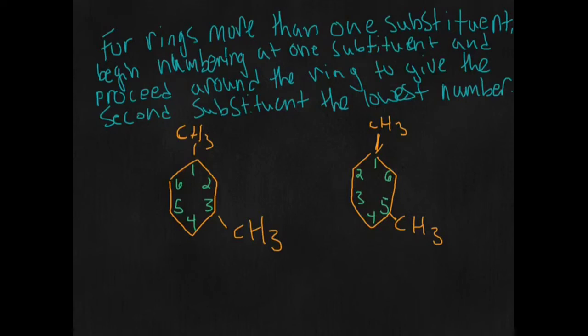So now let's have more than one substituent. We want to look for where they are. So for rings with more than one substituent, begin numbering at one substituent and proceed around the ring to give the second substituent the lowest number. Let's do example 1 and example 2.